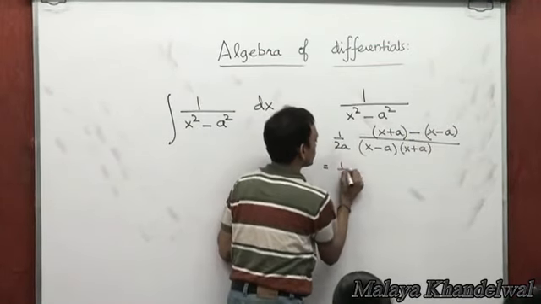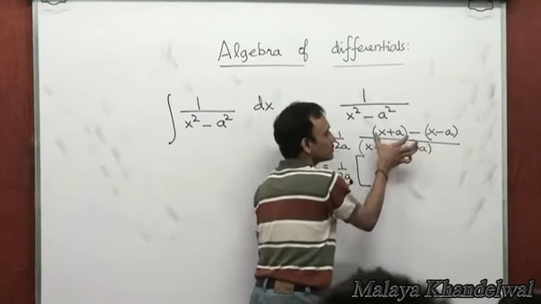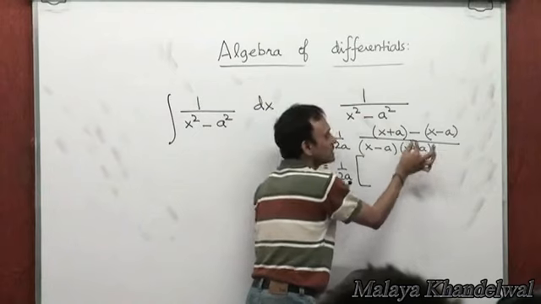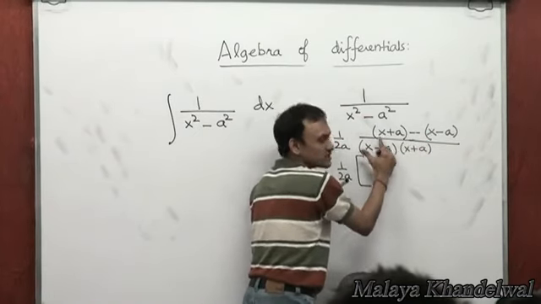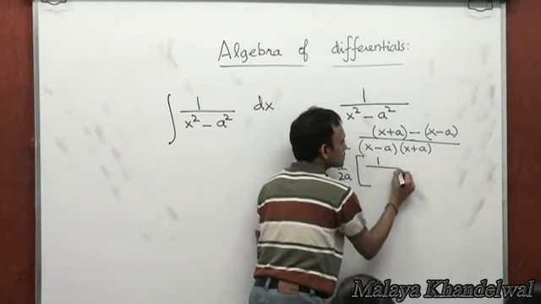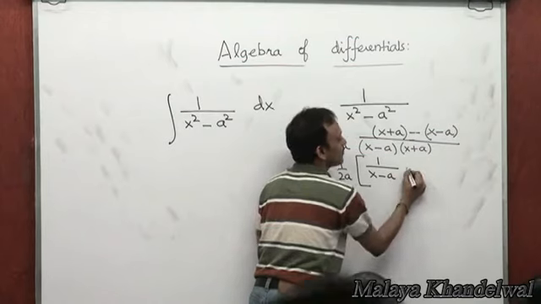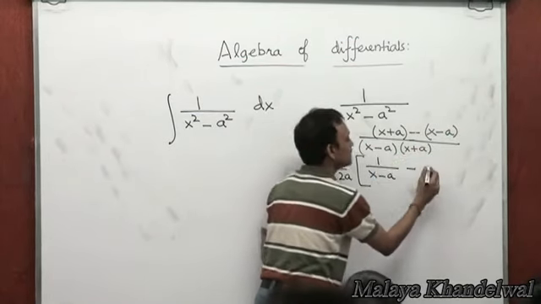And then when I divide this divided by this minus this divided by this, but this divided by this is 1 by x minus a. Minus this divided by this is 1 by x plus a.